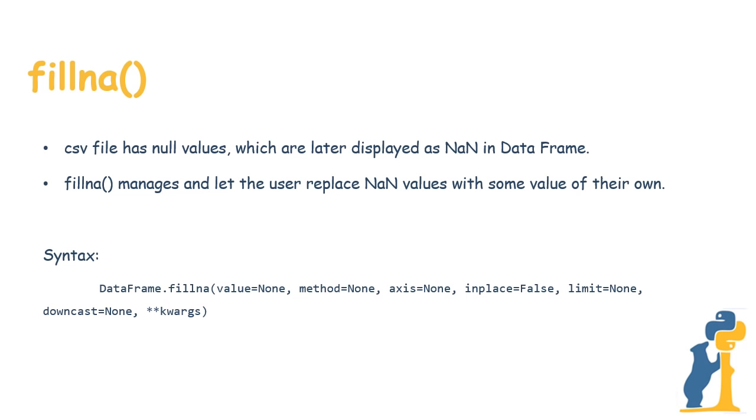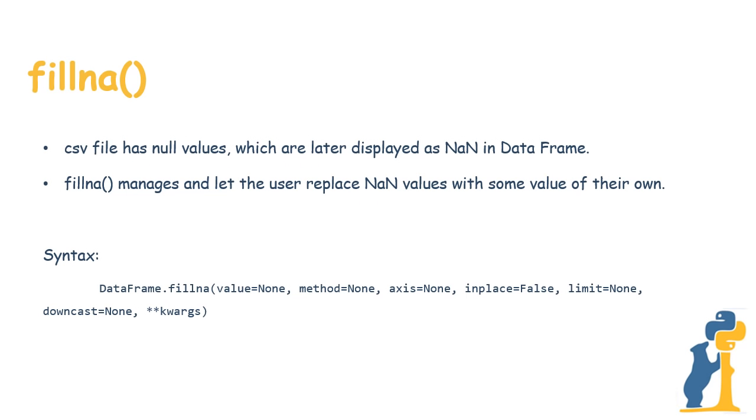In this method we can specify several attributes, so we must know the important ones. First of all, the value attribute. Value is equal to None, that means we can specify 0 or 1 or any value.